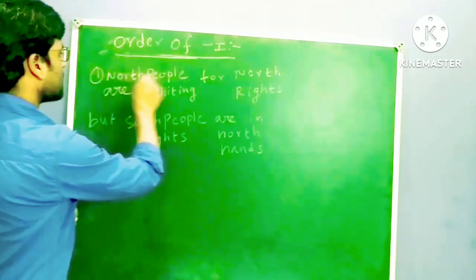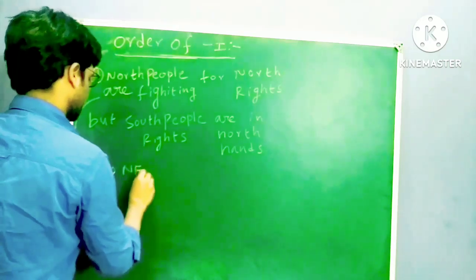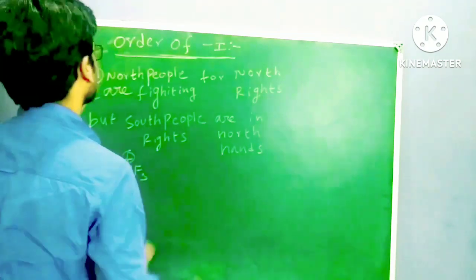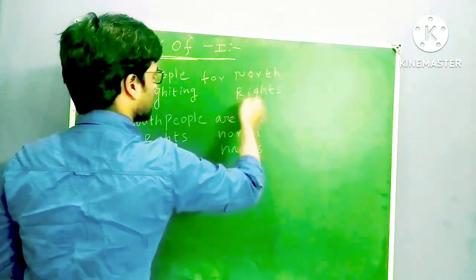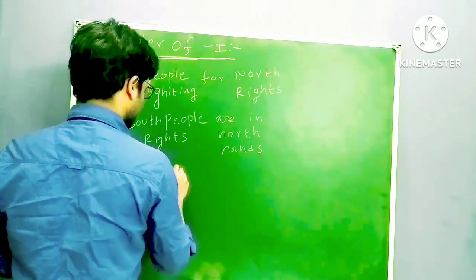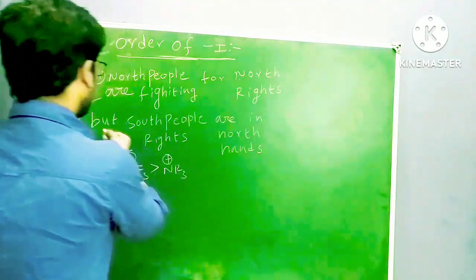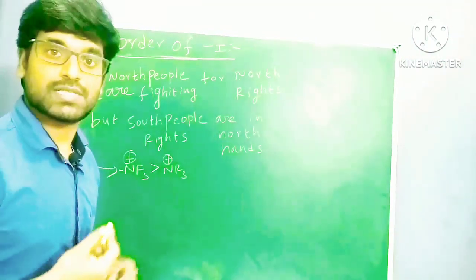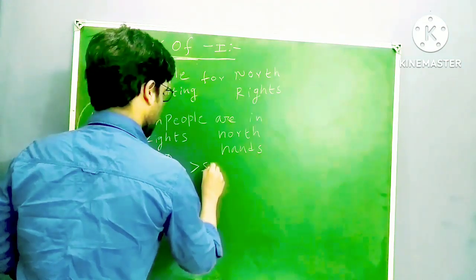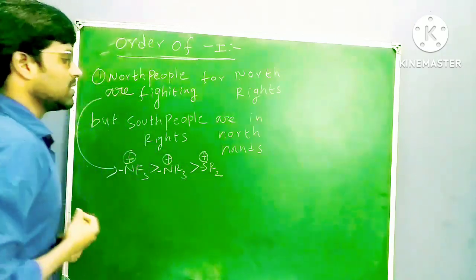Here you can observe, north people are fighting means NF3 plus, right? Next, north people are fighting for north rights, N and R, so after this it is greater than NR3 plus. Okay, north people are fighting for north rights, but south people rights, SR2 plus, right?